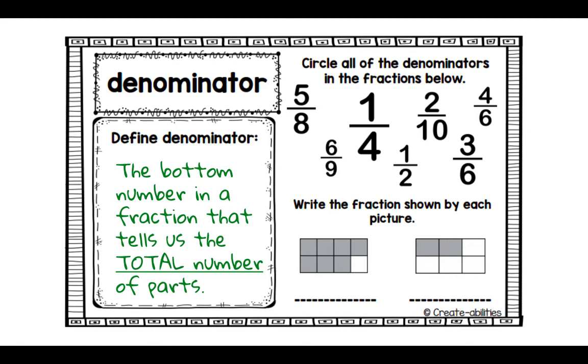So the numerator told us the part of the parts, and the denominator tells us the total number of the parts. When you finish writing this, if you haven't yet, you can pause the video, but when you finish writing it, you will circle the denominator, the bottom number in each of these fractions. Go ahead, pause the video to do that. When you come back, I will have all of mine circled as well.